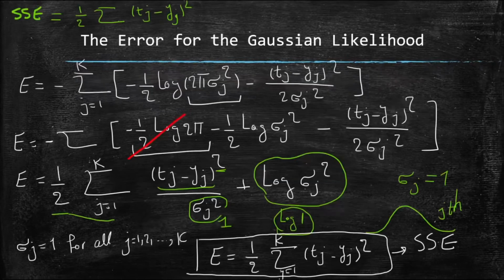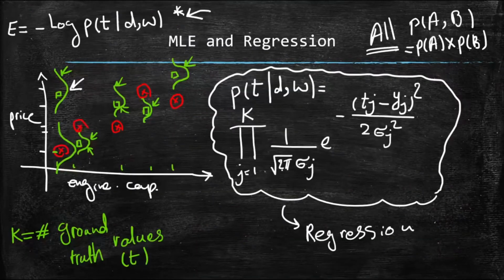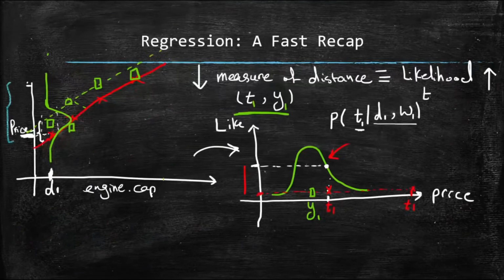Remember that by minimizing this sum squared error function right here, I will find the best set of Gaussians, basically the best centers for those Gaussians, that are so close to my ground truth that I would end up with basically a line, this dashed line over here, very close to the ground truth line.